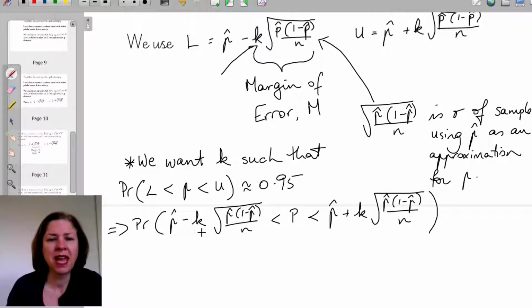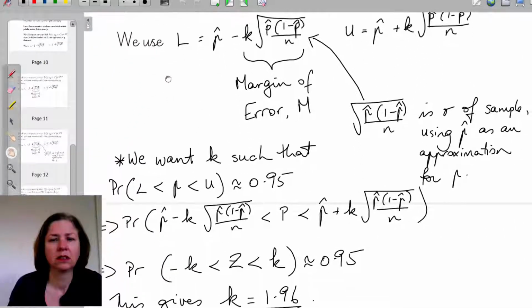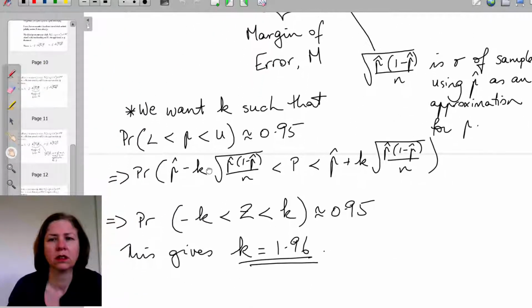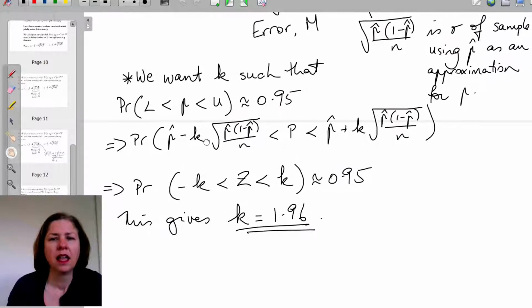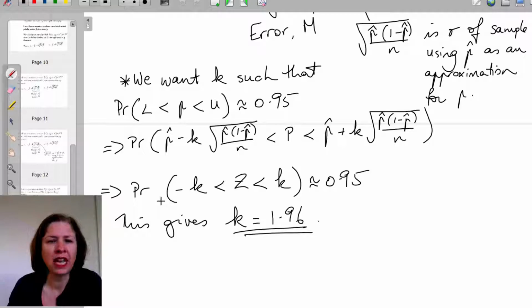The probability of p hat minus K times the square root of p hat times (1 minus p hat) over n is less than p, which is less than p hat plus K times the square root. This is very closely related to this.